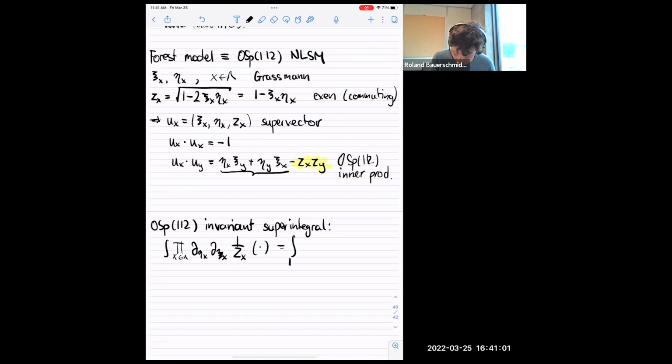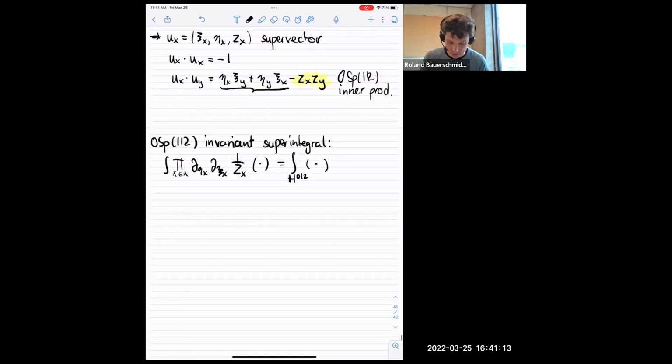And I write this as the integral over h02. Never mind this terminology, but this is somehow the analog of the Haar measure on the sphere. It arises in exactly the analogous way.